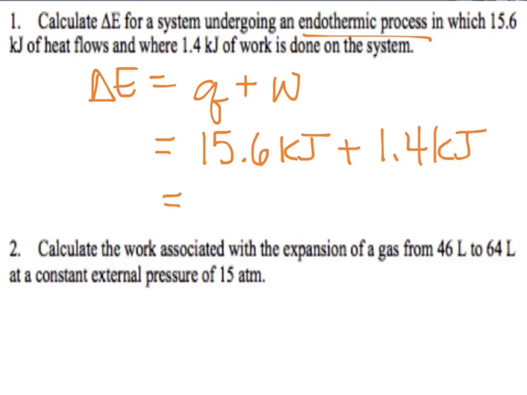So what is our delta E? 17.0 kilojoules. We go to our sig figs, we're adding, so we go 1 decimal place.